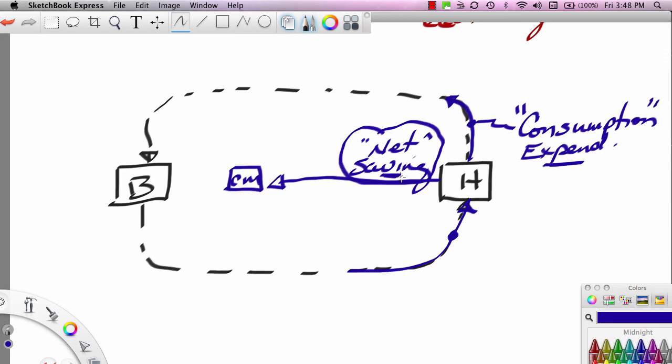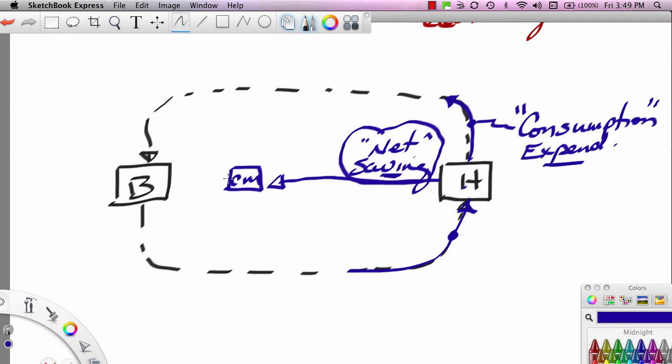A savings account is not a flow. It's a stock. It's not shown on this model. What this model is showing, and this is critical that you understand, is what is saved this year out of this year's income. So if this is 2014, this is what is being saved out of 2014 income.